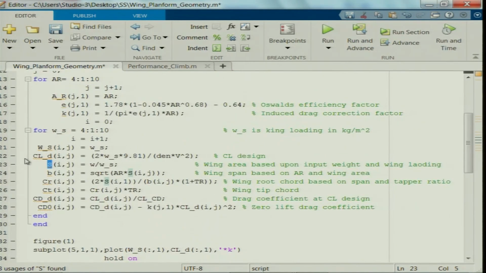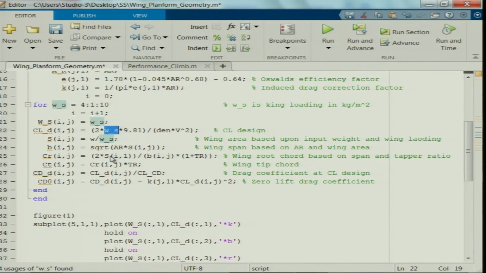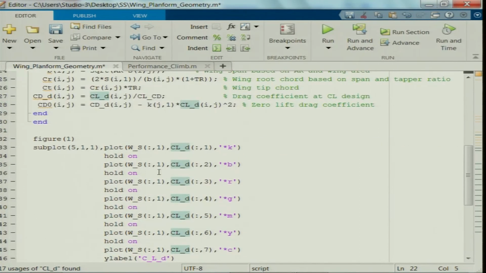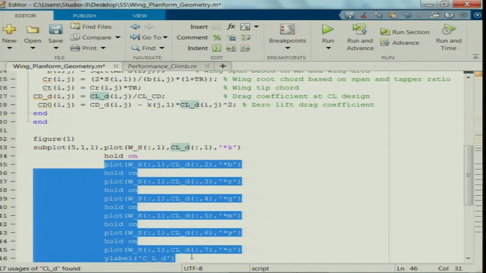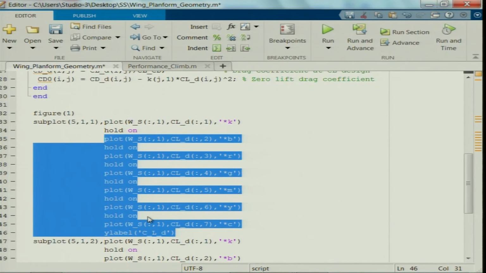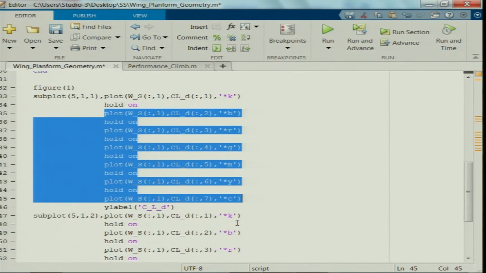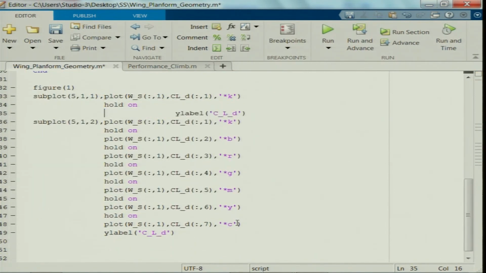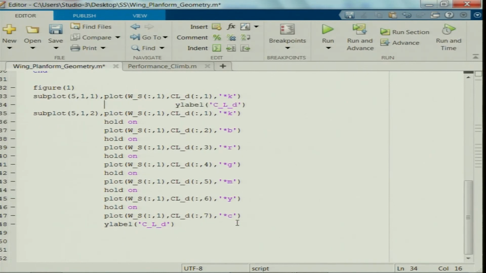But CL design varies with wing loading, not with aspect ratio, is it not? Am I correct or not? So, it is the same W by S, it will not have variation with aspect ratio, there is no point in doing this. I am sorry, because this is not going to vary with aspect ratio, right. So, there is no need of holding it on, and the simple y label is, yeah.